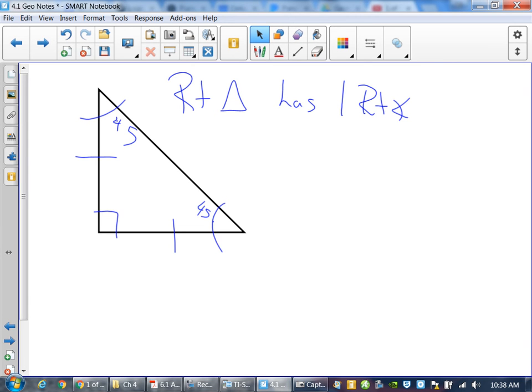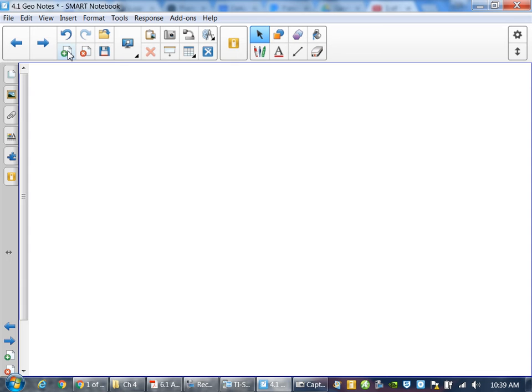What's another triangle? Equilateral. Good. The equilateral triangle, from the word equal, lateral, meaning sides. Is it lateral or lateral? Lateral. Okay.